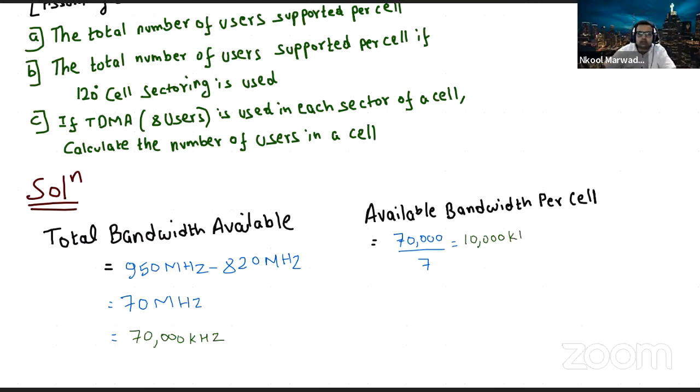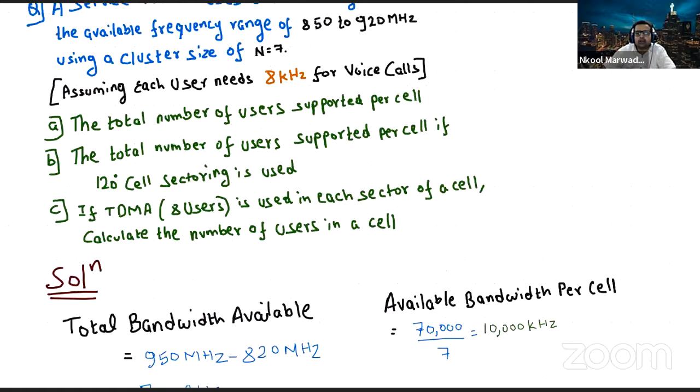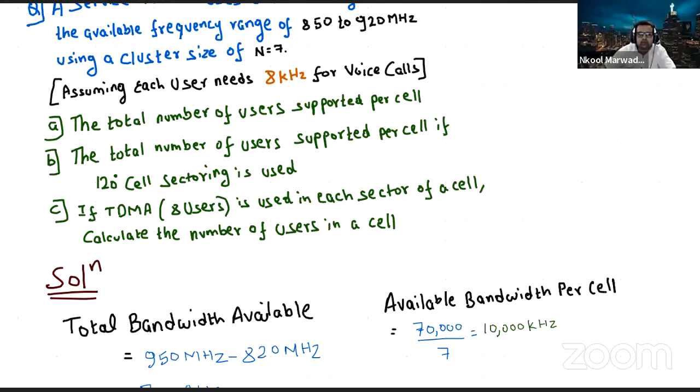This is very clear. Now, what we have to find is the total number of users supported per cell, and it is given that each user needs 8 kilohertz. I think that we can calculate.